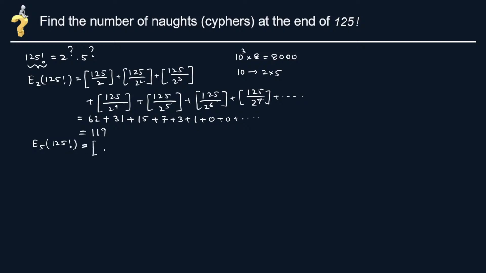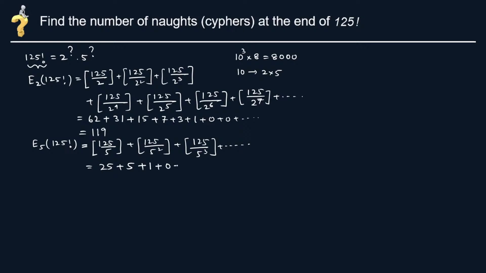Now let us try to find what will be the exponent of 5 in 125 factorial. So that gives us 125 divided by 5, 125 divided by 5 square, 125 divided by 5 cube, and so on. So we are getting basically 25, 5, and then 1.